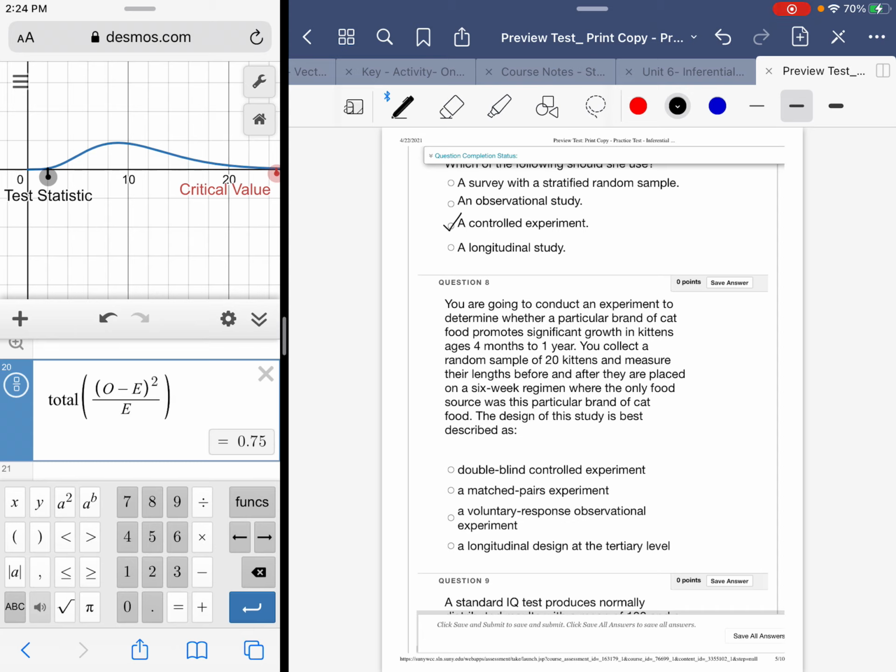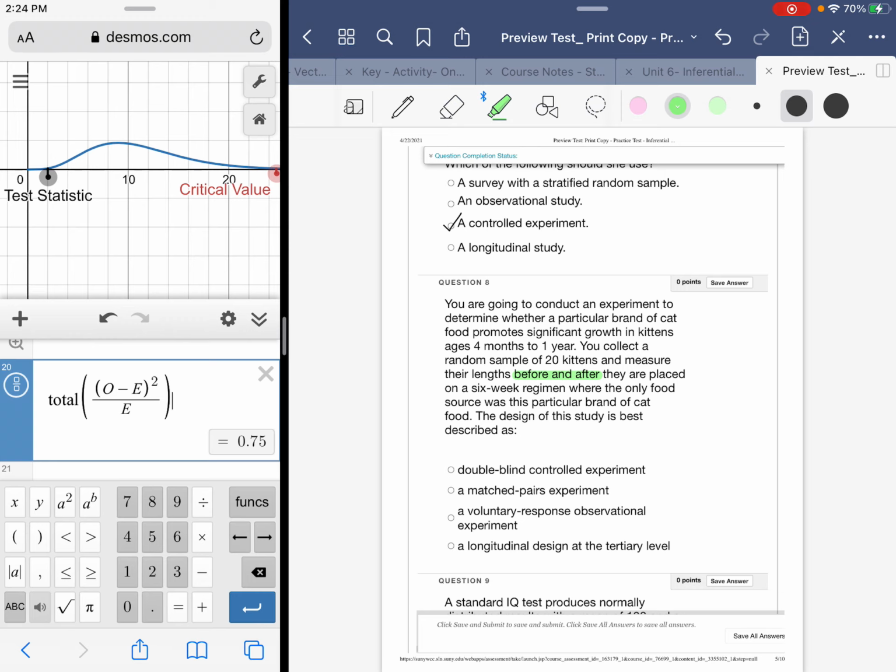if they said the words matched pairs in there anywhere, we're going to be in good shape, right? And that's because they have the words before and after. You have a single sample of individuals with multiple measurements being taken, specifically 2 measurements, before the treatment and then after the treatment.